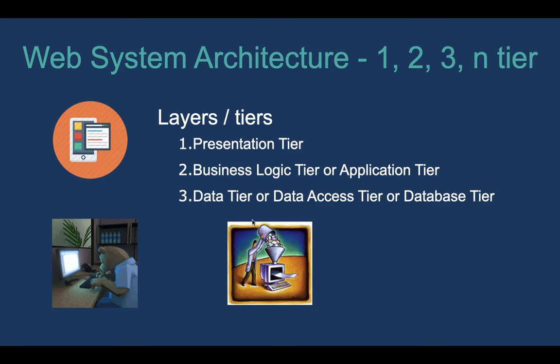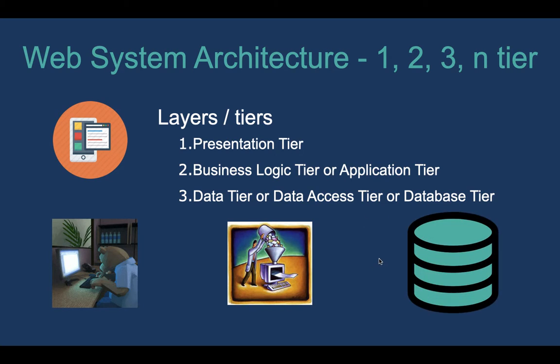Finally, what is this data tier or data access tier or database tier? The name itself will tell you that the database tier will store all the data related to that particular website. The database tier is also a part of the back end of the website. So application tier and database tier both work at the back end, and presentation tier works at the front end.